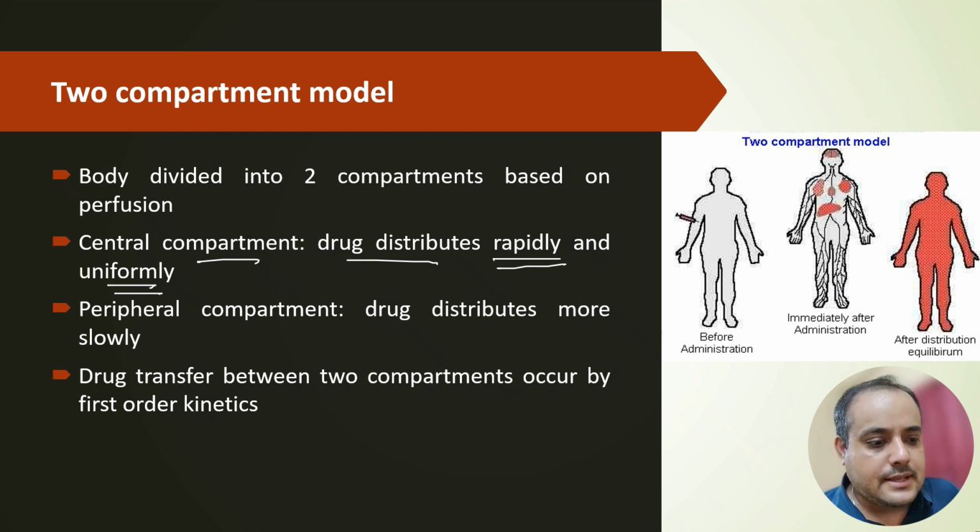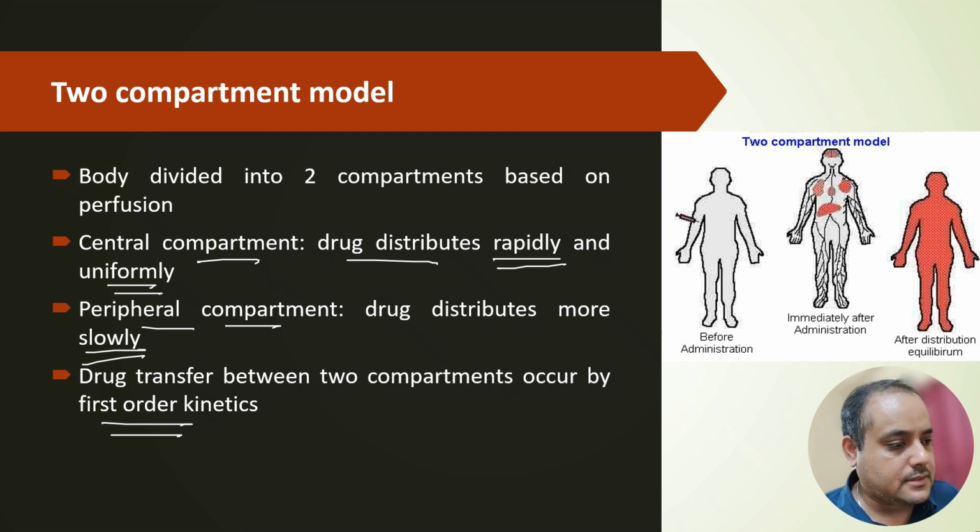The second one is the peripheral compartment, where the drug distributes itself more slowly. And this distribution between the central and the peripheral compartment, we assume that it follows first order kinetics. Now if you look into this picture, see, this is what is happening.